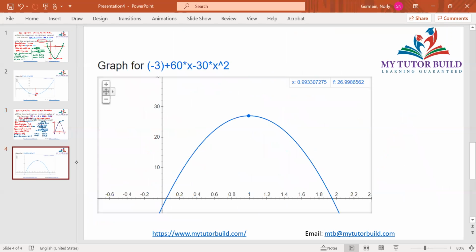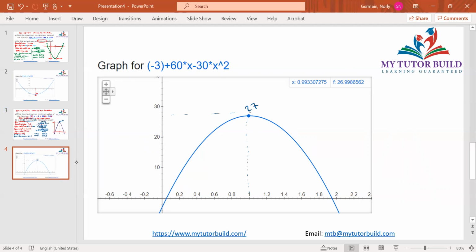I simply entered this function on Google, and I said graph negative 3 plus 60x minus 3x squared. I could use a graphing calculator, also a graphing utility, but you wouldn't see what I'm using. That's why I took a screenshot on Google to show you, because this one right here, where it happens, is somewhere at 27.